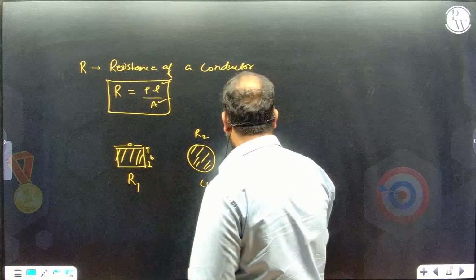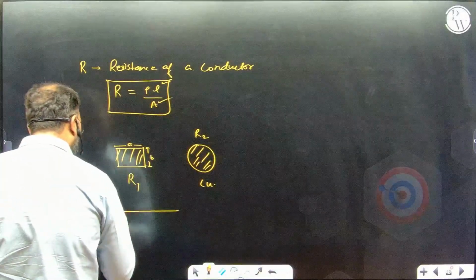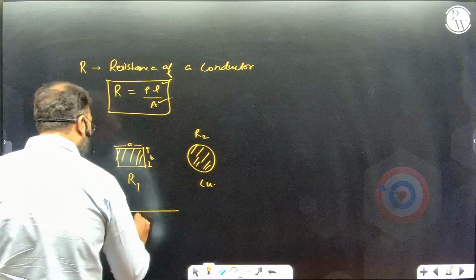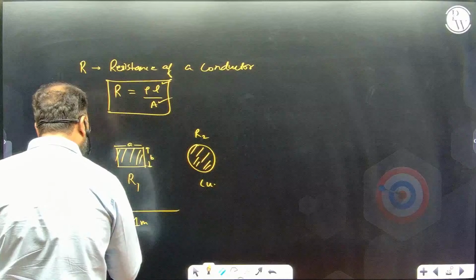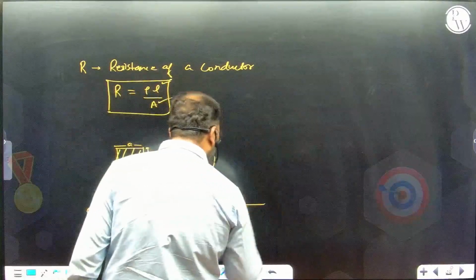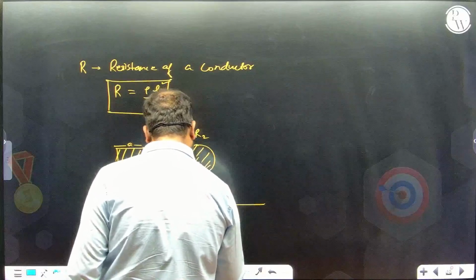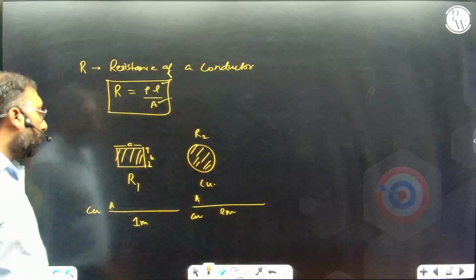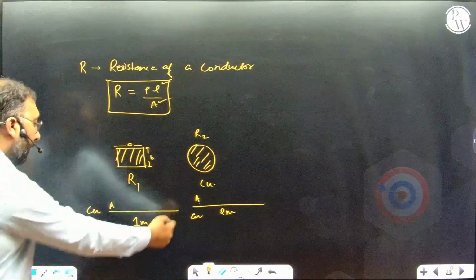So if you have a wire which is made of copper, its length is 1 meter, and its area of cross section is, let's say, A. Another wire is there. Its length is 2 meters, area of cross section is A, and it is also made of copper. So will they have the same resistance? Definitely not, because the length is changed, right?